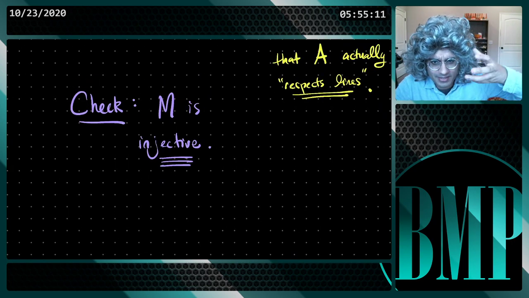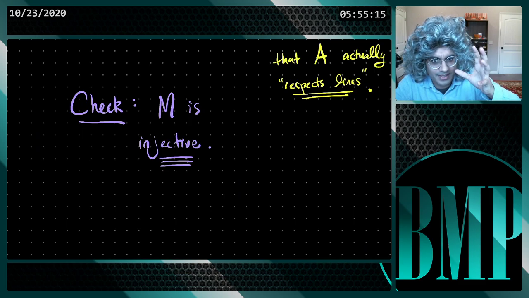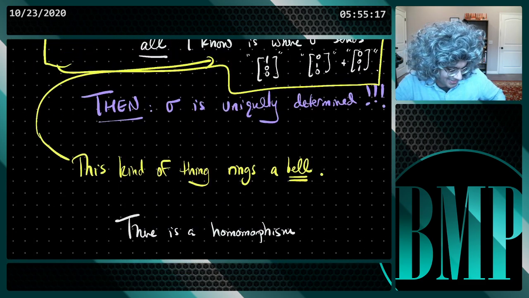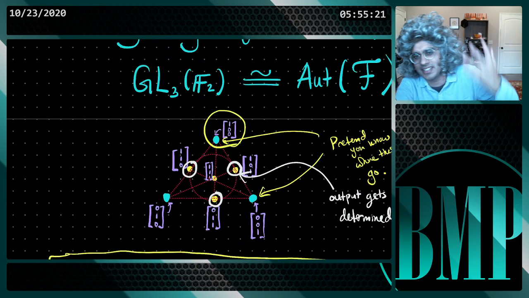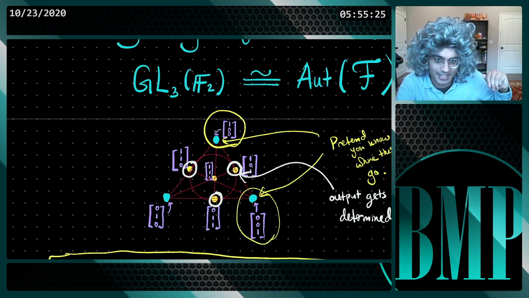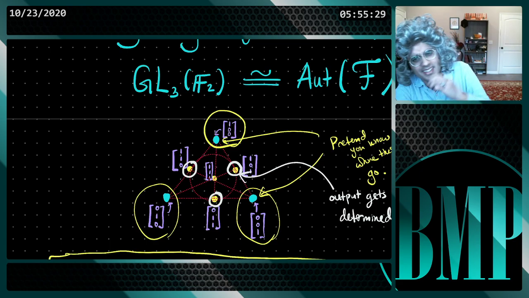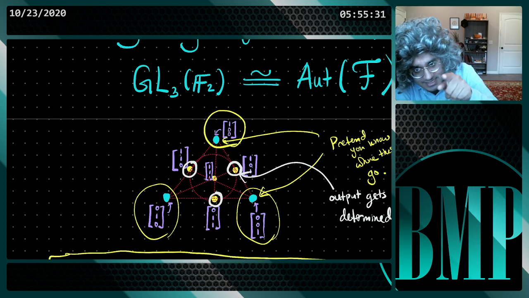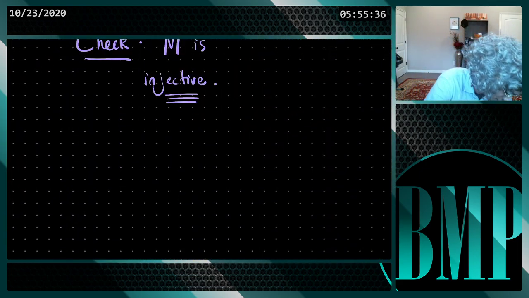If you have a matrix that does identity, well, it's kind of obvious. It sends this to itself, it sends this to itself, and it sends this to itself. So it's the identity matrix. That's easy. Okay. So then you check surjective with the riddle.